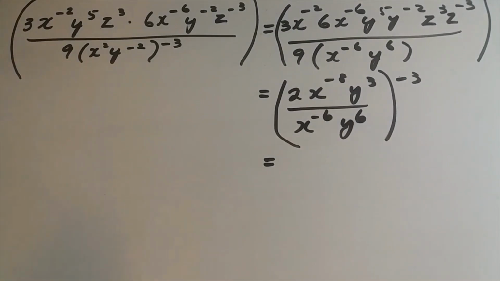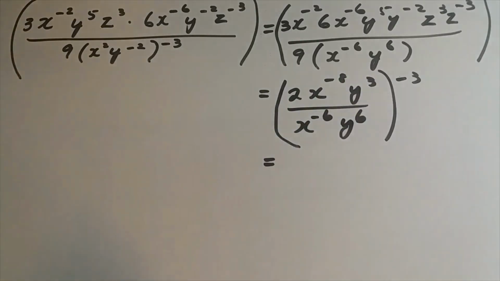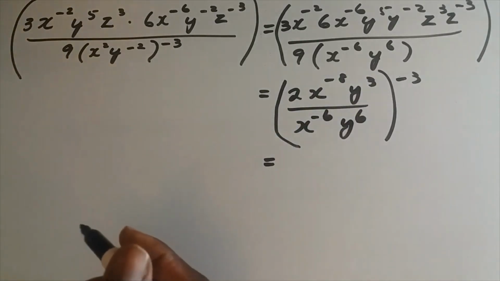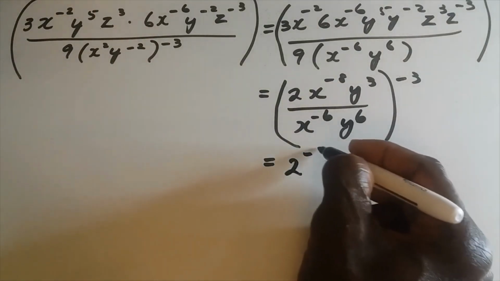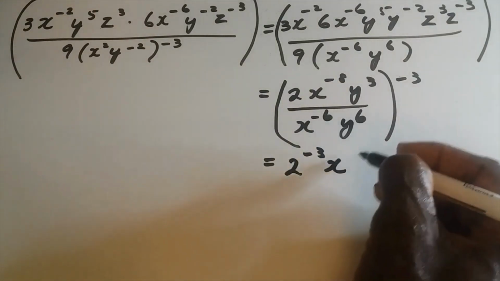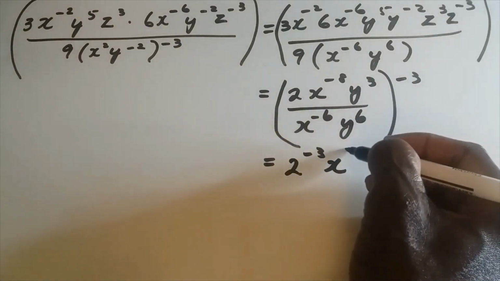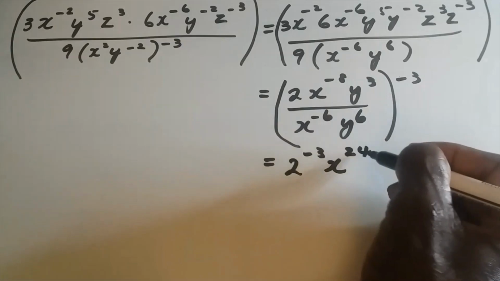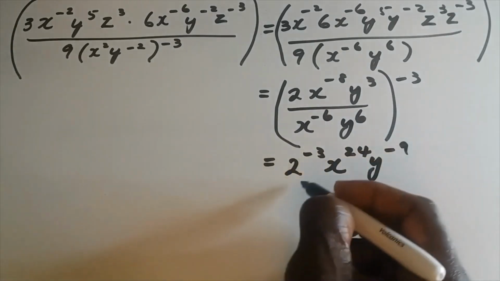So next we need to clear the outer brackets, because now we're raising everything to the power of negative 3. So we have 2 to the negative 3, x to the negative 8 times negative 3, which is 24, and y to the minus 9.